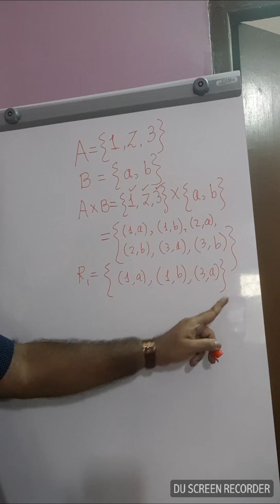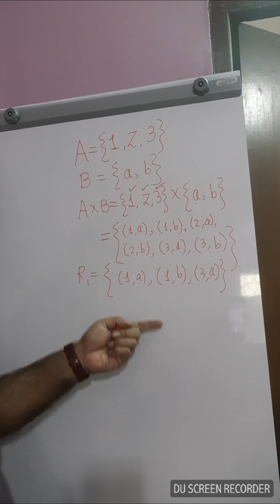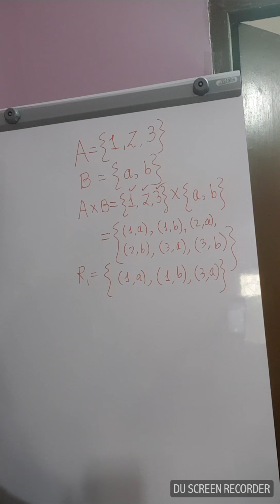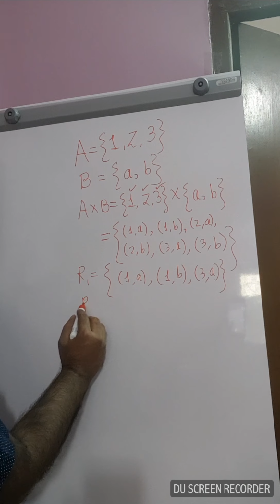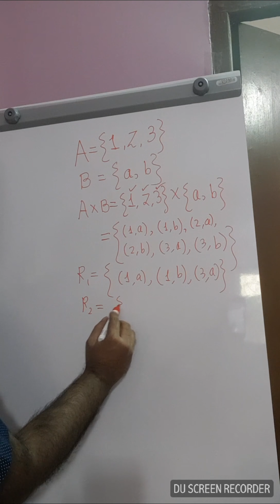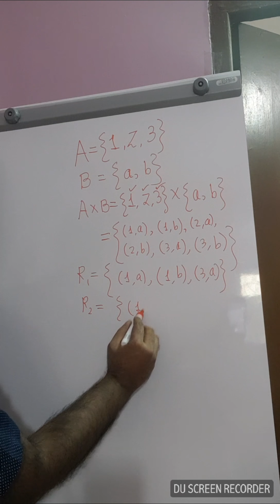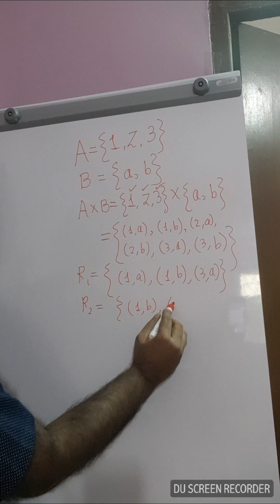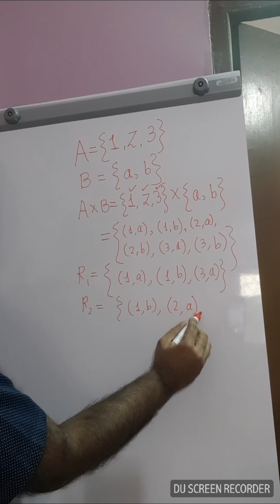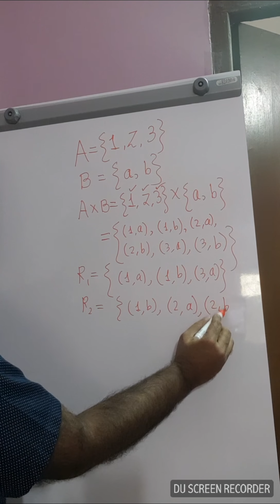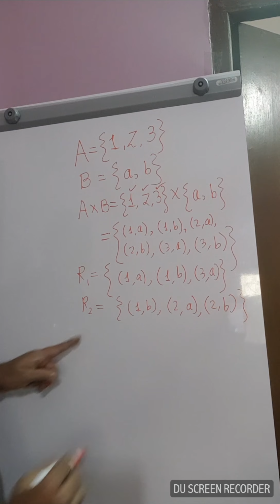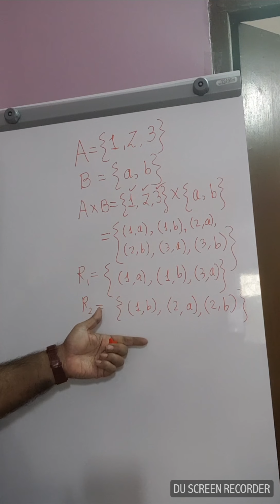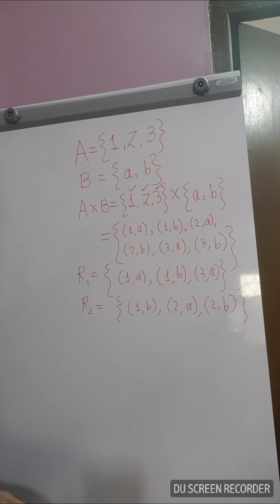So this is a particular subset. Likewise, we can have other multiple subsets also. Say R2, another subset R2. So we choose a different combination now. Say I choose 1B, 2A, 2B. So this is another subset. So likewise, we can have many more subsets.